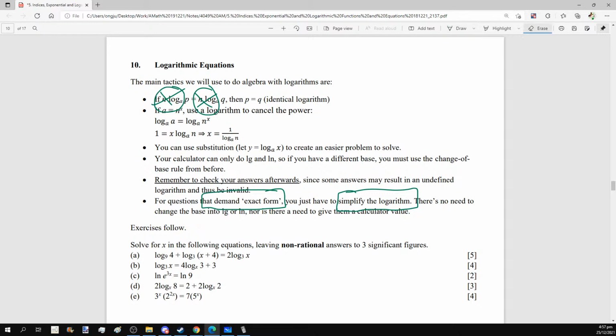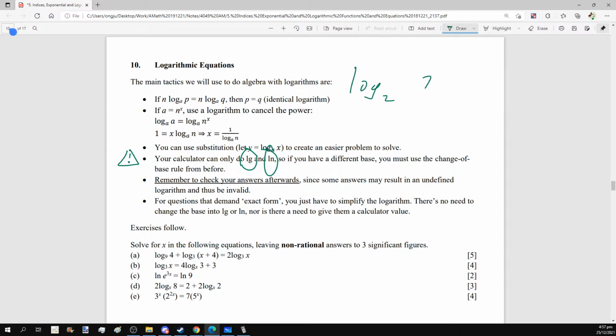Now at this point, there are two things to be careful about, two particular danger zones. Number one, I need you to be careful because your scientific calculator only has LG base 10 and ln base e. So if let's say you have log 27 and you want to change it to decimals, you're going to have to do the change of base rule like this and then press this whole thing into your calculator.